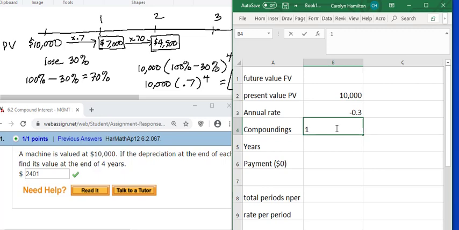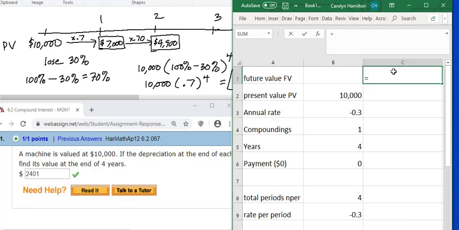Compoundings is at the end of each year, so every year it loses 30% from the previous year for 4 years, and no additional devaluation going on. Total number of periods, 4, the same as the years, and the rate per period, losing 30%.